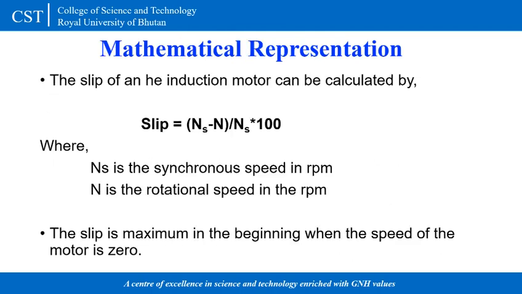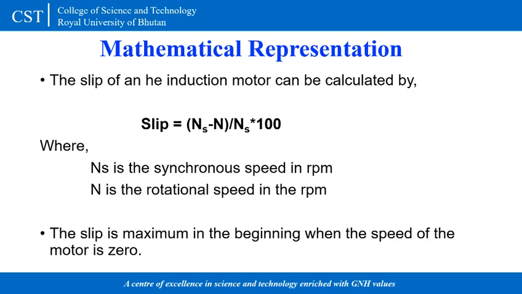We can measure the slip of the induction motor, and its mathematical representation is highlighted in bold letters: slip is equal to (Ns minus N) divided by Ns, times 100. Here the parameter Ns is the synchronous speed in rotations per minute, and N is the speed of the motor or rotor in rotations per minute.